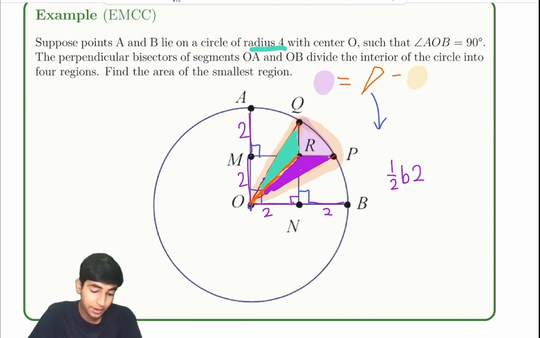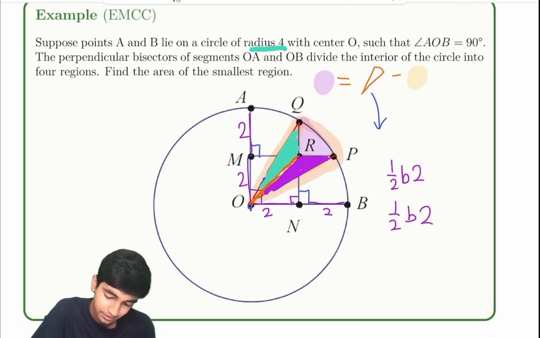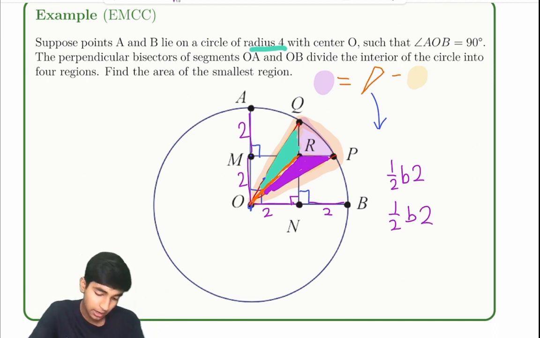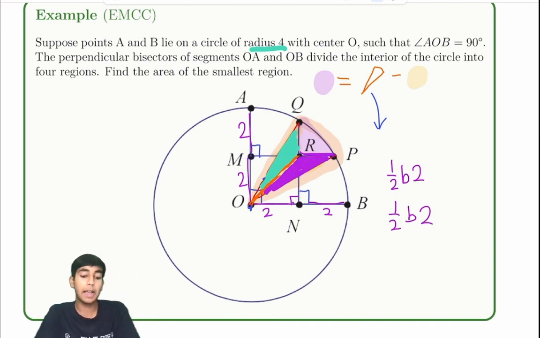Okay, now for the other region, for this triangle over here, it's the same thing. Half of this base times the height, which is 2. So now what is this base here? How do we find this length here? The key idea is that the reason this is here is because of the intersection of two perpendicular bisectors.